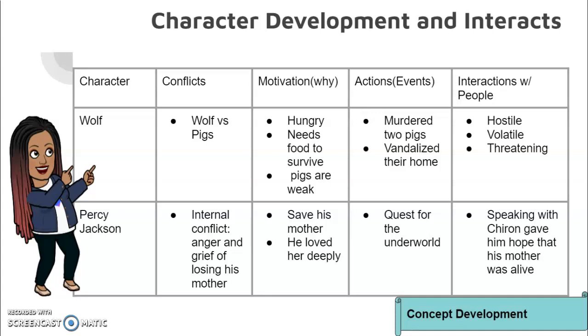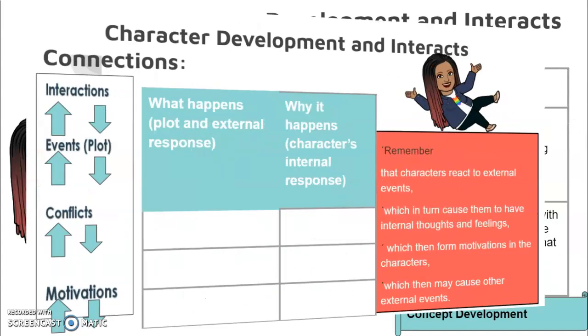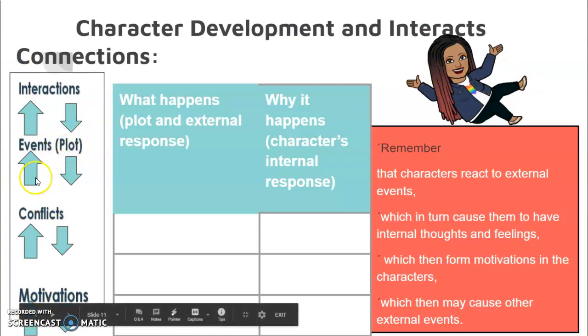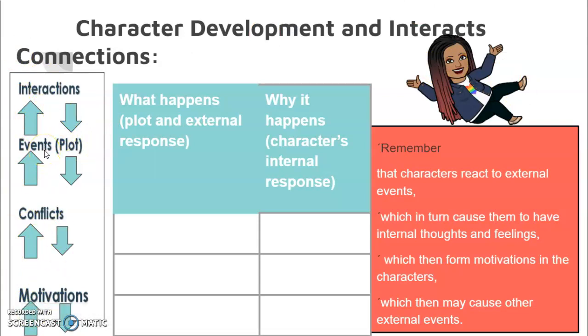Same thing with Percy Jackson, which you can come back and read, because you can pause this lesson. So when we're looking at character development, we need to understand that all of these things work together. We're looking at the interactions, the events, the conflicts, and the motivations. All of these things work together to push the story forward.